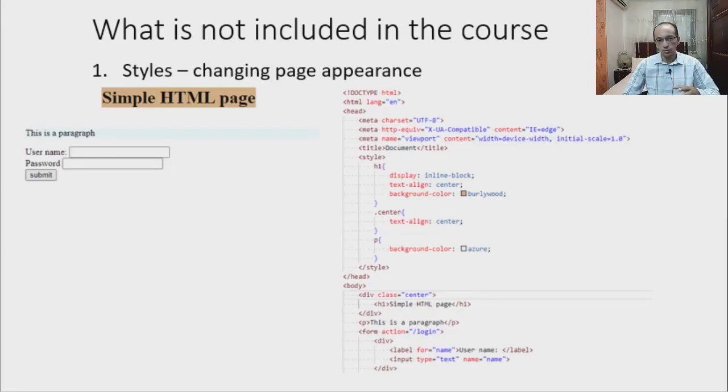That is not in the scope of HTML. It is related to CSS, or Cascading Style Sheets, a completely different course that we can take after or during our HTML course.